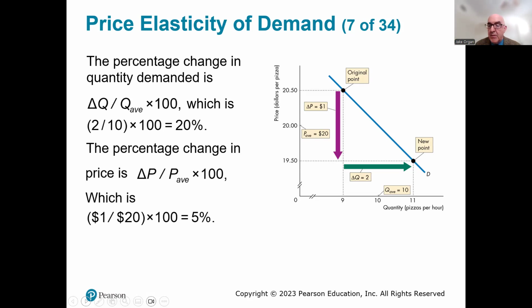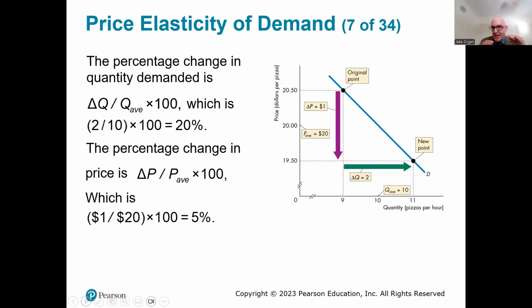We know originally the quantity demanded was 9, so quantity 1 is 9, quantity 2 is 11, and that's minus 2 over the average of those two quantities: quantity 1 minus quantity 2 over quantity 1 plus quantity 2 over 2.